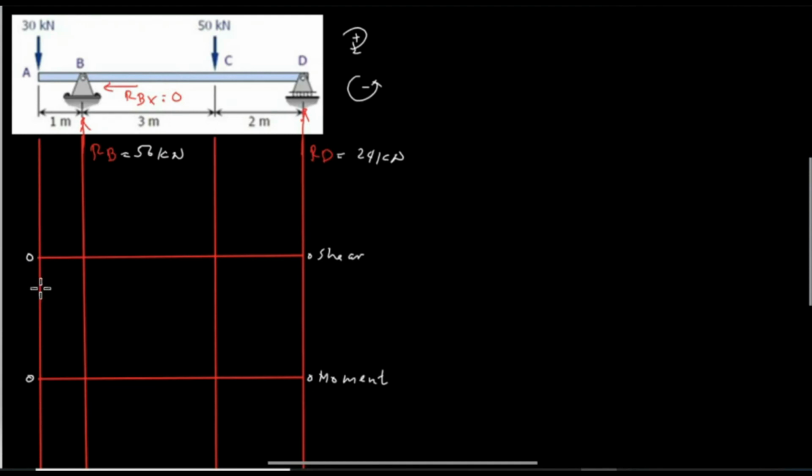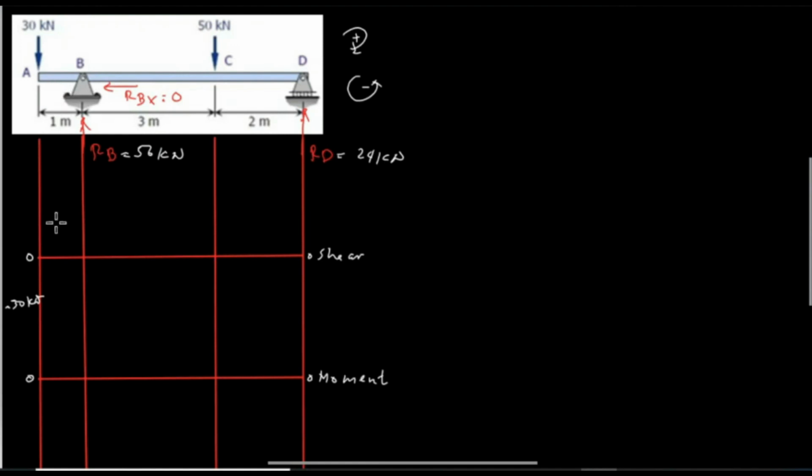And if we adjust, for example, this is 30 kilonewton. So this is 30 kilonewton, and because it is downward, it is a negative sign. Next, we have 30 kilonewton from point A, then we go to point B. But from A to B, we don't have any force or load.